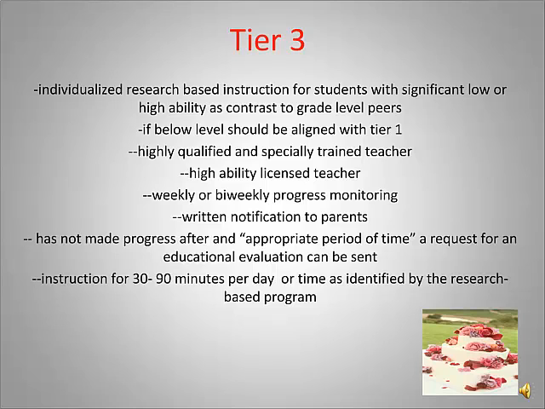If you put two triangles and turn them sideways, I thought this was a very interesting illustration. You get a bell curve. So if things are occurring correctly in a classroom, you should only be servicing the students in Tier 2 and Tier 3, who are at either end of that bell curve.